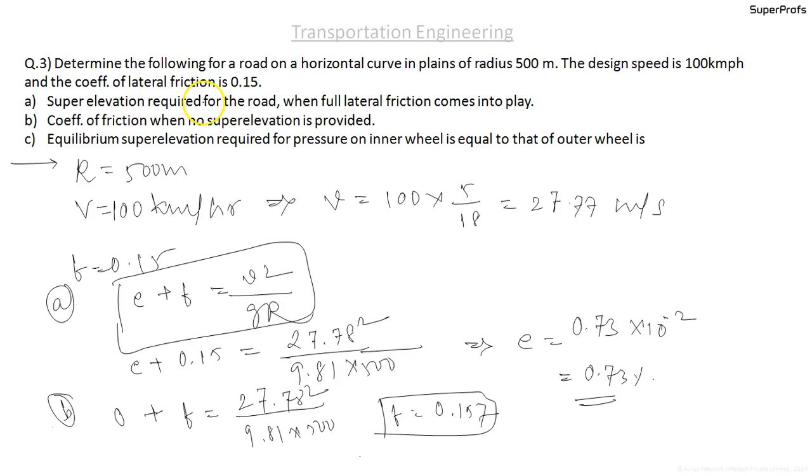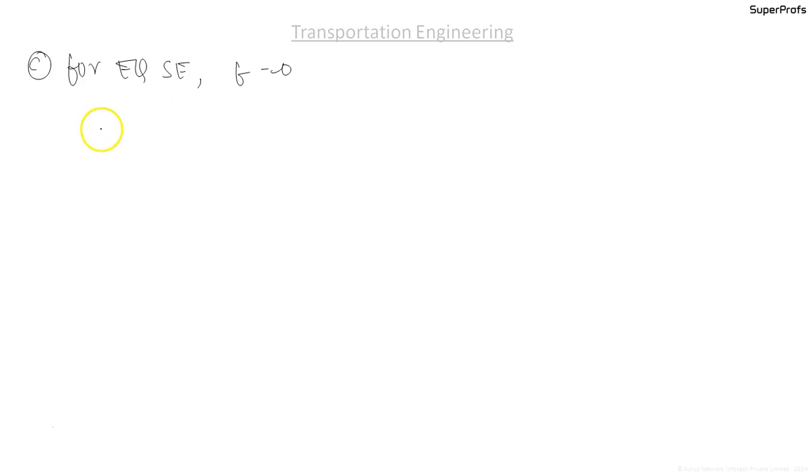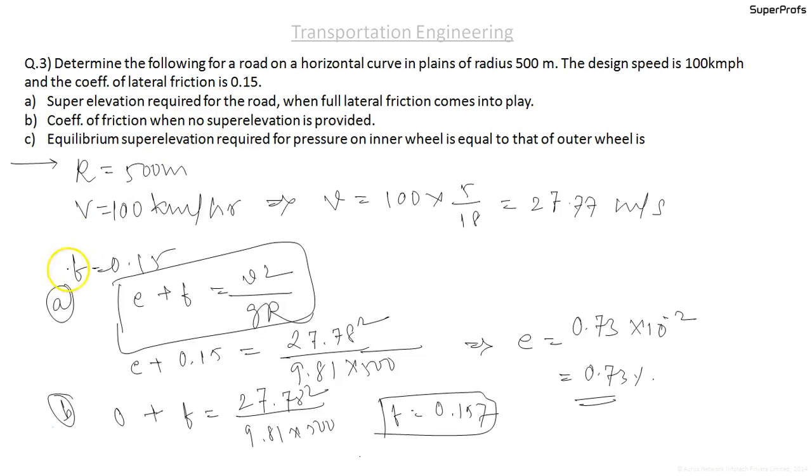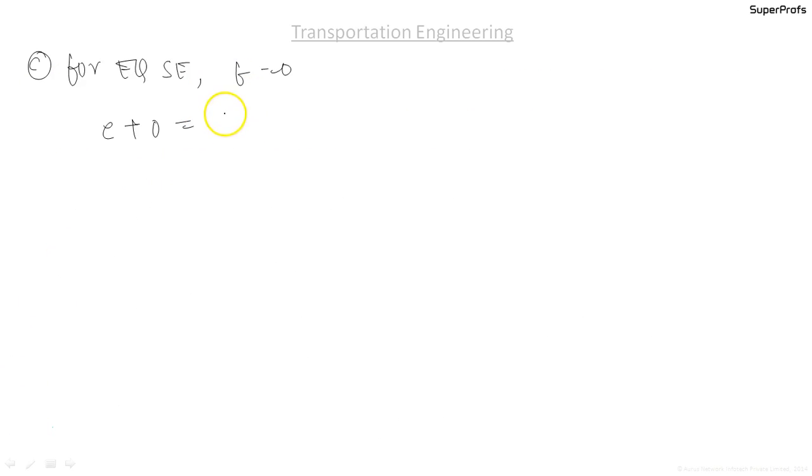So just put the values in: E plus 0 equal to 27.77 square upon 9.81 into R, which is 500. That gives E equal to 0.1573, that is equal to 15.73%.